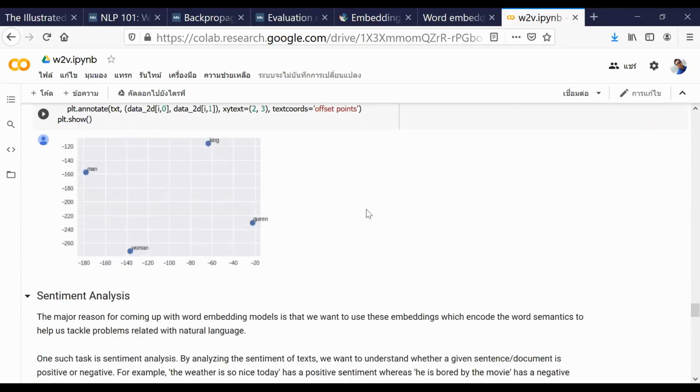Yeah, and it points to that thing as well. This is the word arithmetic that we were talking about, except this is shown in 2 dimensions. In reality, it's done in 300 dimensions. It's saying king minus man plus woman becomes queen, right?